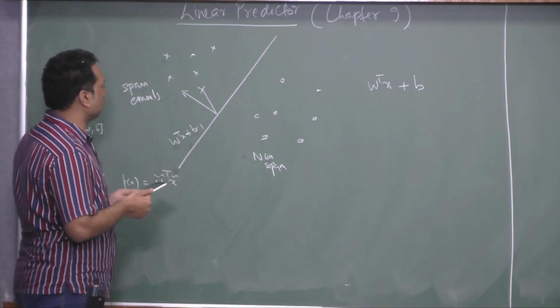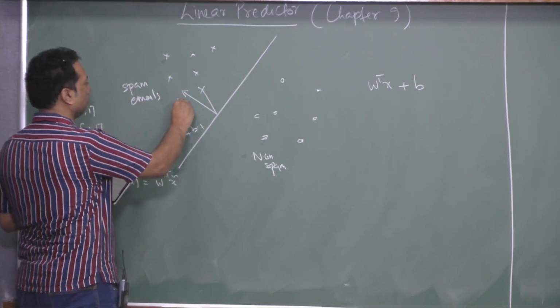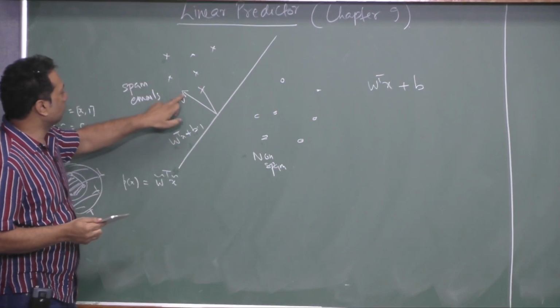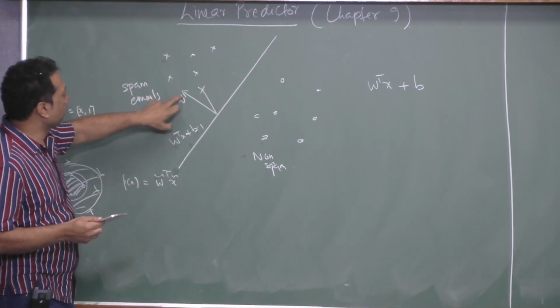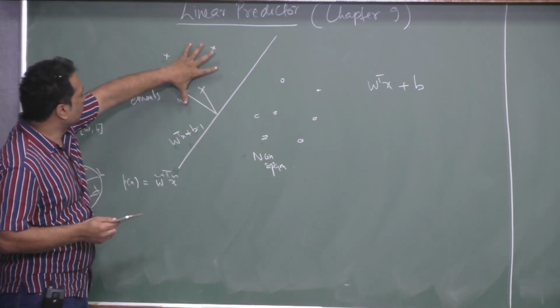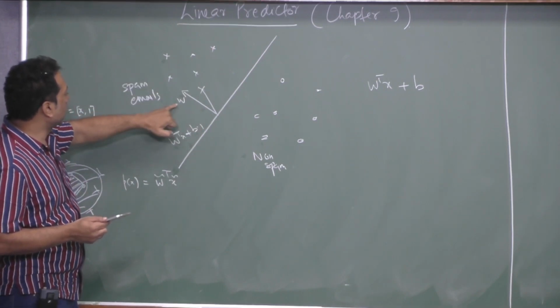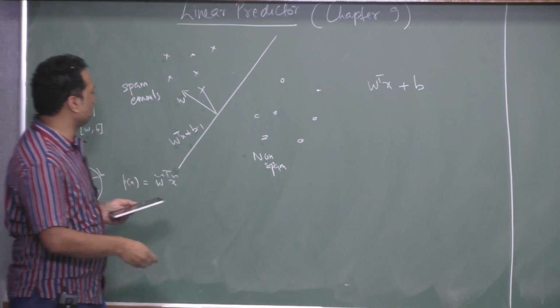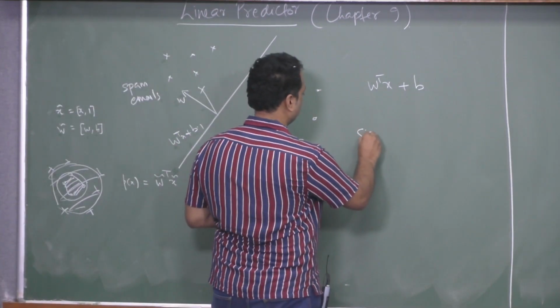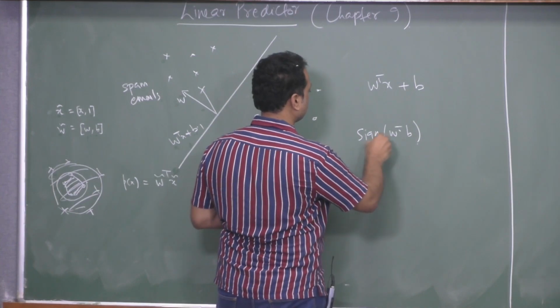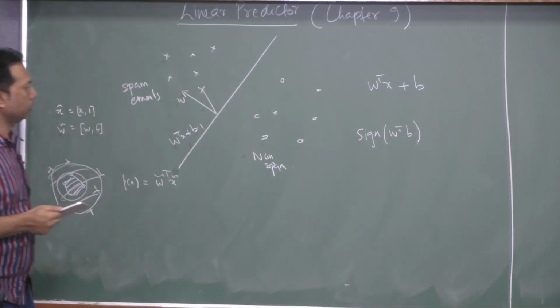Since W is fixed, once a plane is given, W will be either this side or this side. Let's say this side without loss of generality, then all these data points will make an acute angle with W, meaning the sign of W transpose X. That's exactly what cosine will mean.